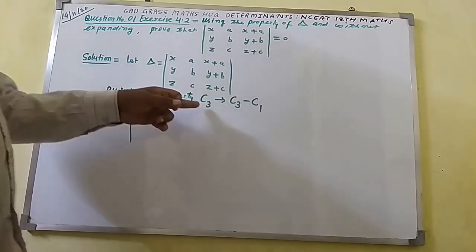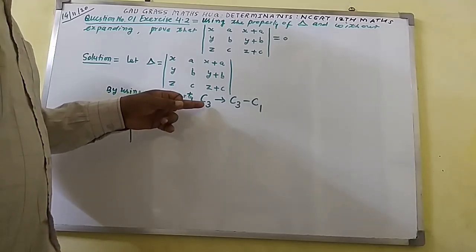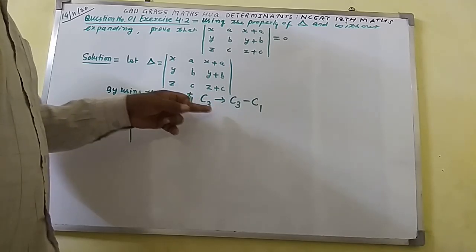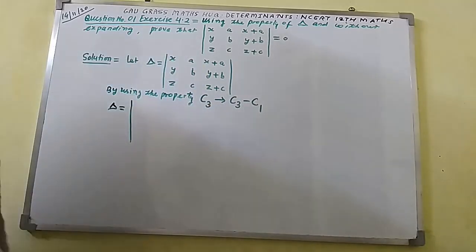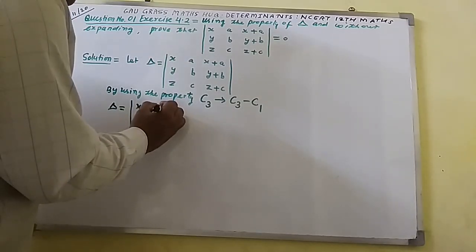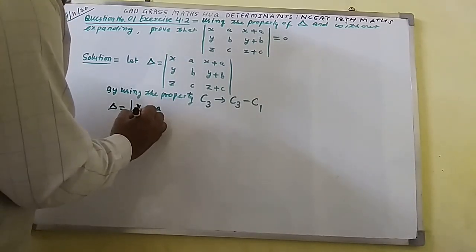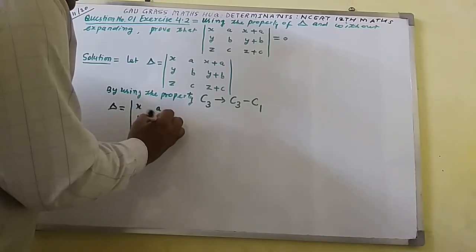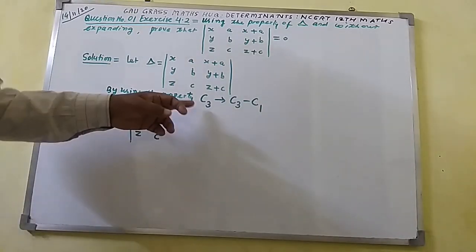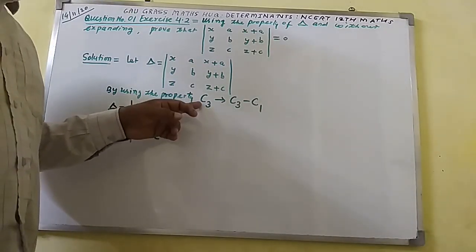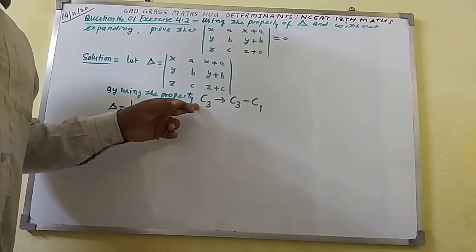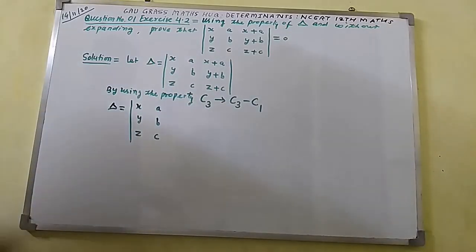This means there will be no changes in the first column and second column, so I write them as they are. Only the third column changes.